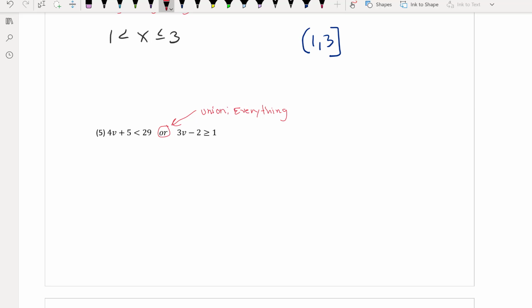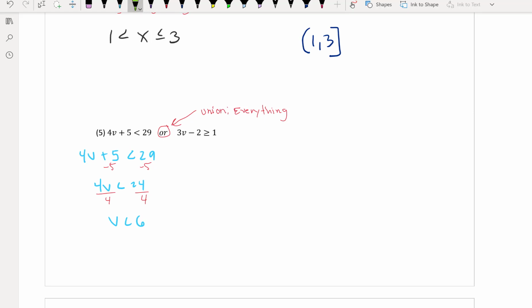Okay. So the first thing I want to do is isolate that v variable. So 4v plus 5 less than 29. I'm going to subtract 5 from both sides, so that 4v is less than 29 minus 5, which is 24. And then I will divide by 4 on each side so that v is less than 6.